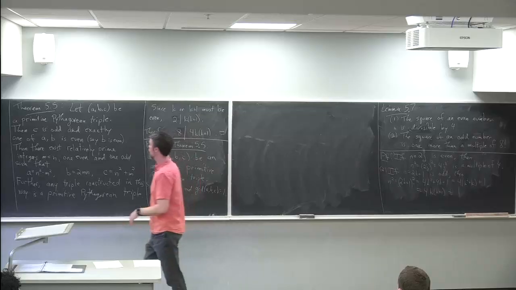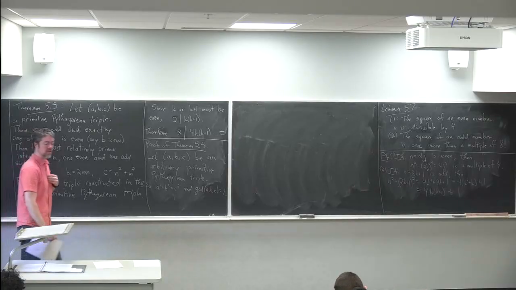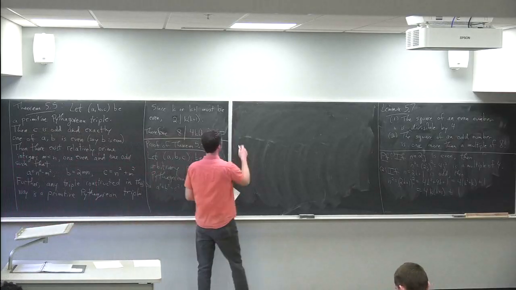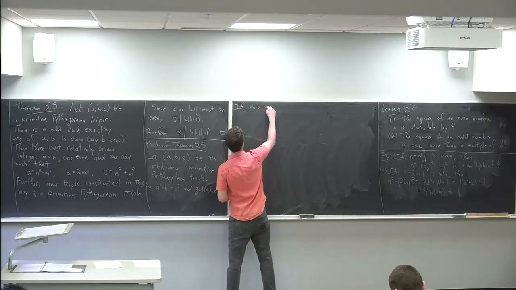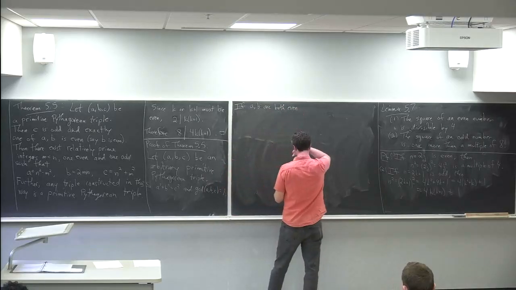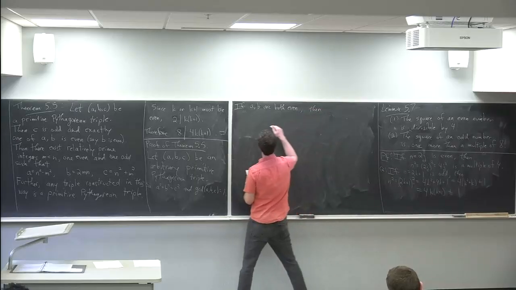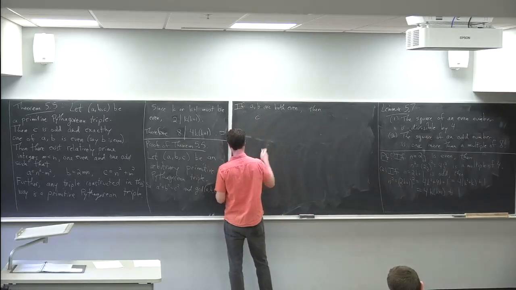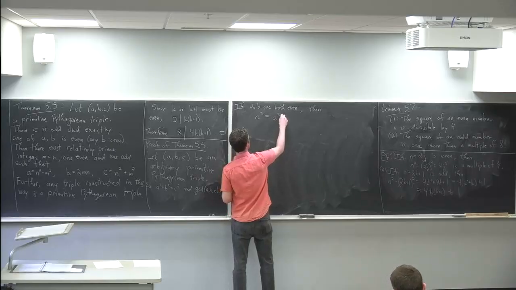Okay, so let's start out by thinking about A and B and what would happen if A and B were, say, both even or both odd. So, easy case to consider, if A and B are both even, then certainly C squared will be A squared plus B squared.